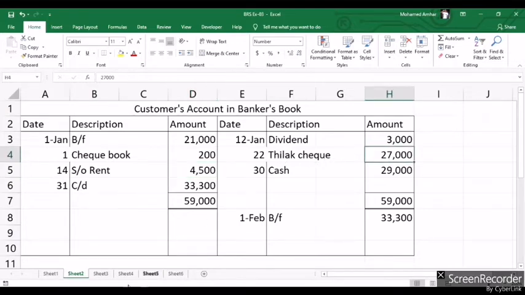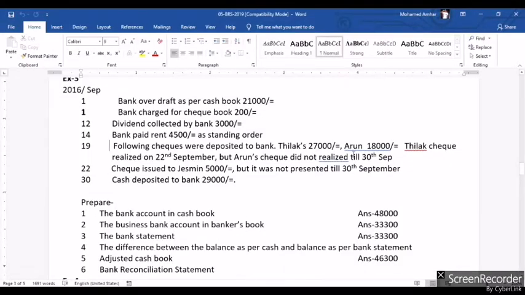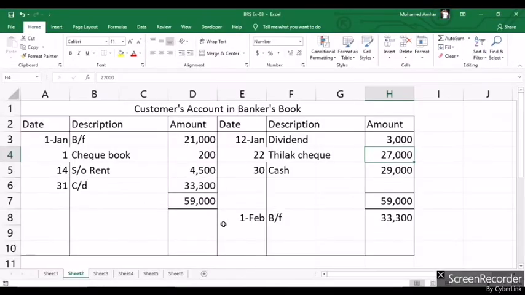Arun's check is still not realized, so that is not recorded in the banker's account. Only the realized check is recorded here.